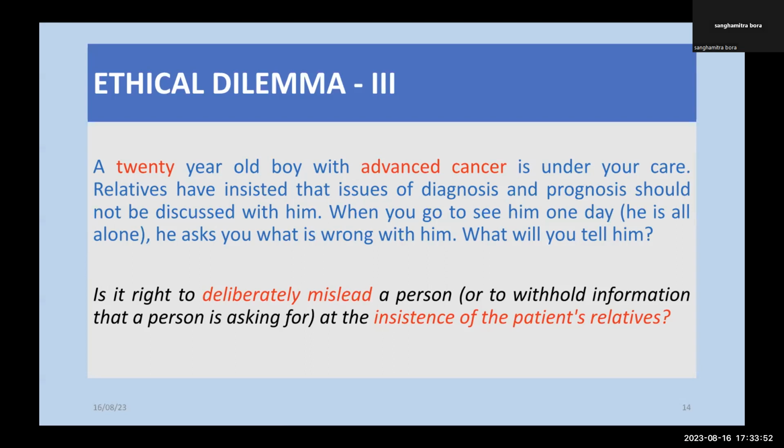All right. So, the kind of approach we take for such situations is that perhaps at that point of time when, all of a sudden, the patient asks you what is happening to me, you might as well try to avert the questioning and answering process by saying that as of now, I am also thinking about talking to you about this particular issue, and it's good that you have asked.